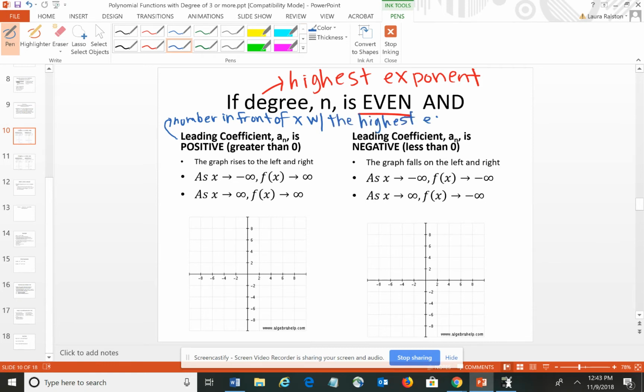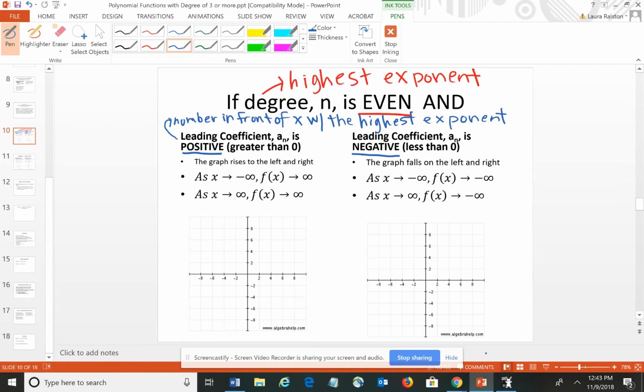And we want to focus on whether that leading coefficient is simply positive or negative. I don't really care what number it is at this point. I just want to know, is it positive or negative? And I've tried to describe what's going to happen both in words and in symbols. And the symbols look very daunting, but I know that's what they use in lesson 11, as well as on the test. So you need to be familiar with that.